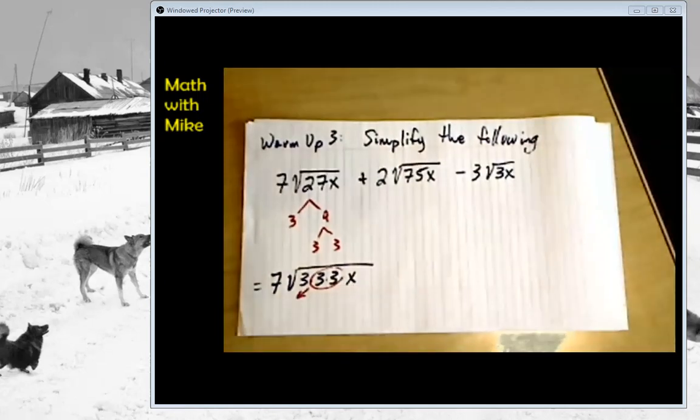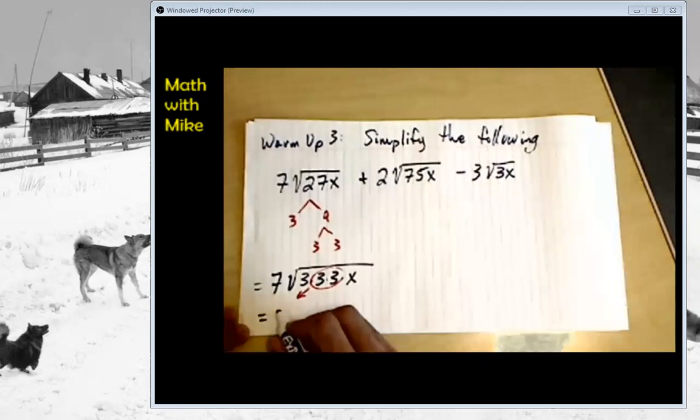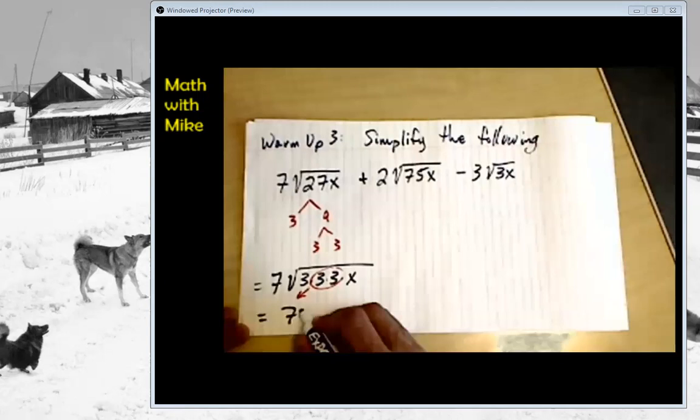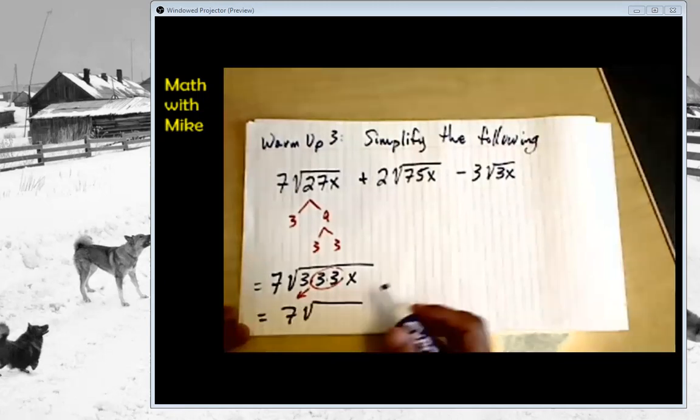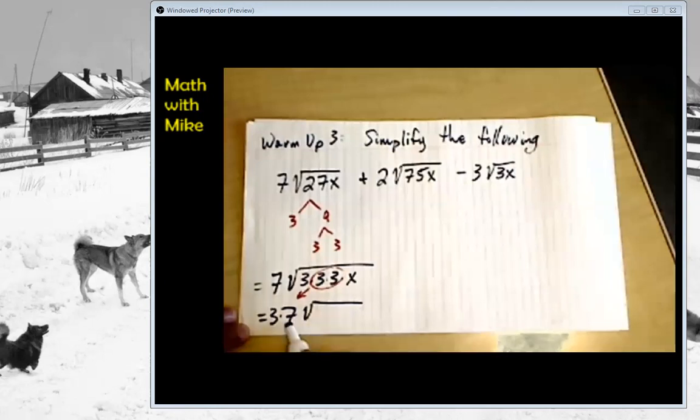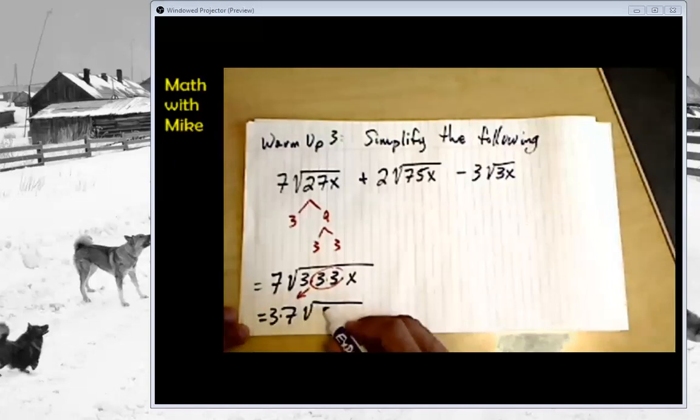And we're left now with 7. The 3 is out, there it is, the 7's there. What's left on the inside? 3x. Okay, that's good.